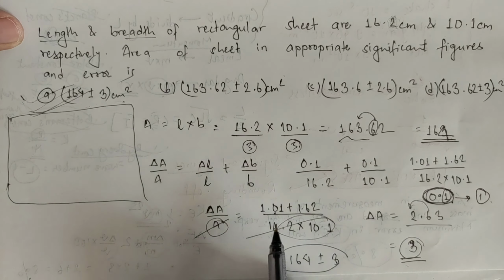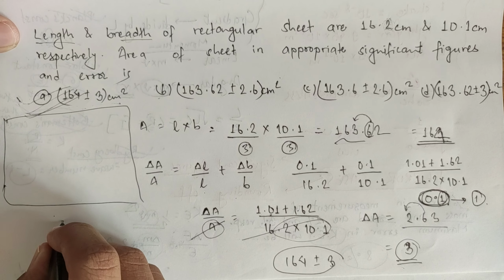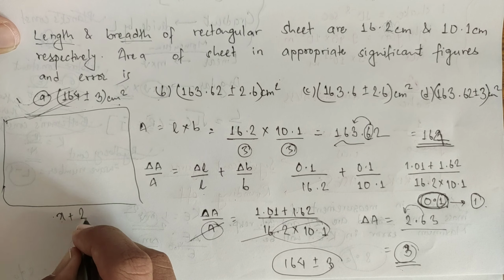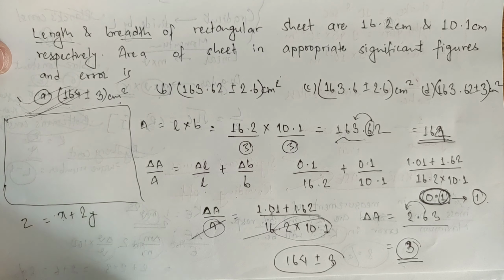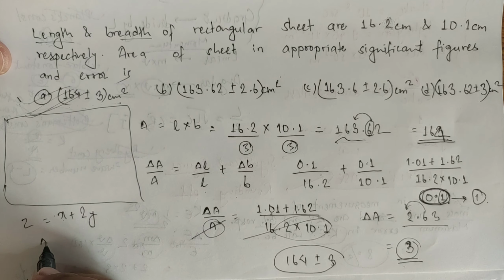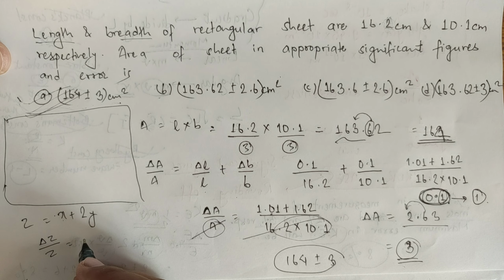Well, this is for multiplication cases. For addition and subtraction, for example, z is equal to x plus 2y. Then what will we do? Delta z by z is equal to delta x by x plus 2 into delta y by y.